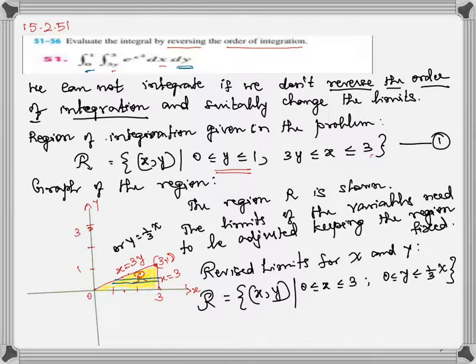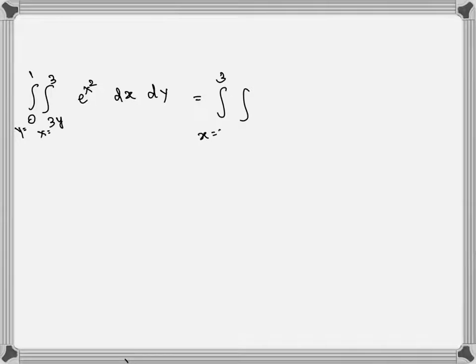If we use these new limits, we can integrate the given integral easily. So the double integral, 0 through 1 for y, 3y to 3 for x, of e to the x squared dx dy, becomes x from 0 to 3, y from 0 to 1/3 of x, of e to the x squared dy dx, because we are reversing the order of integration. So dx dy changes to dy dx, and the limits are suitably changed.